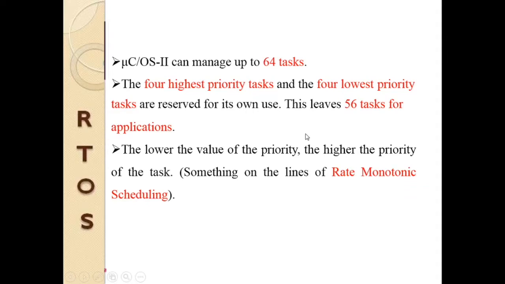And in microC OS 2, when we are assigning the task ID or the priority of the task, the lower the value of the ID, the higher the priority. That means if the ID is 1, then it will have the highest priority. Like that we have to assign priorities to the different tasks.